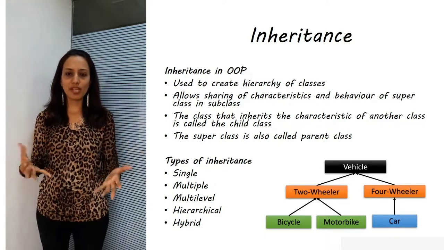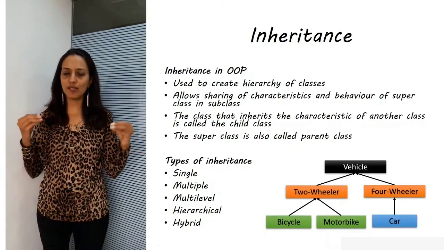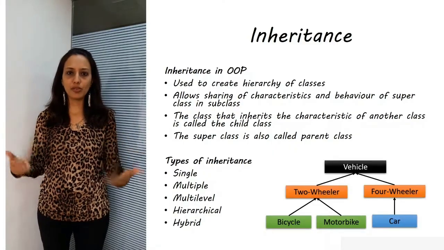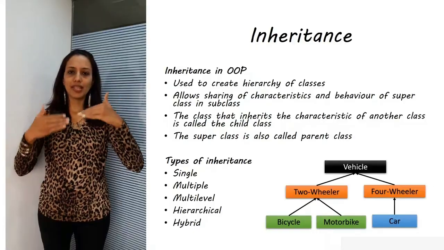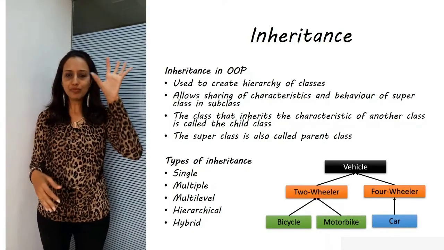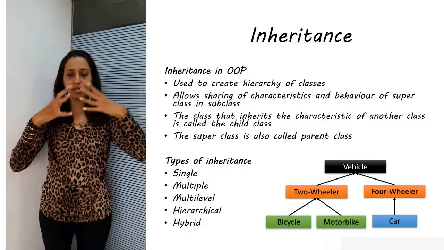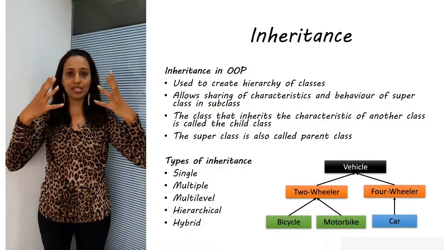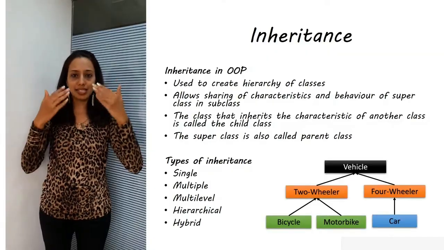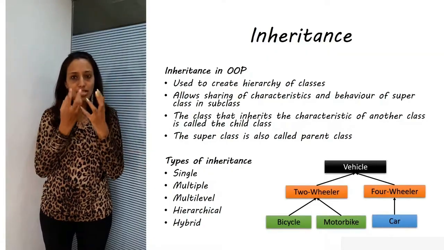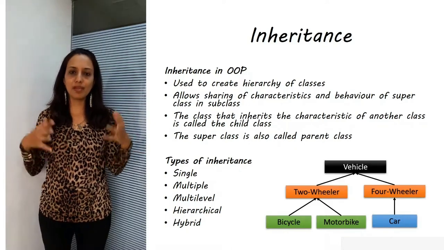In short, what we are trying to say is that when we have certain objects which have common characteristics, common behavior that can be reused, we can create them as a class hierarchy. So the topmost class that is going to be holding all the common characteristics will be the parent class, and then the subsequent classes that come beneath it and go on inheriting those characteristics will be the child classes or subclasses.